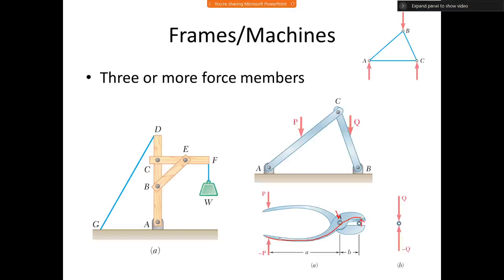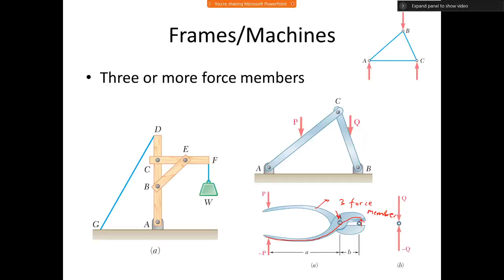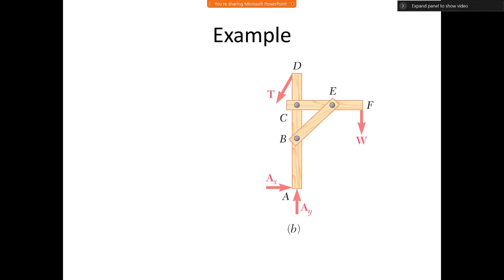So this is a 3-force member, and similarly this body is also going to be a 3-force member. So now in this section we are going to learn how to do the analysis for such 3-force member frames and machines. Okay. Now let us start with this example of a frame, something like this.